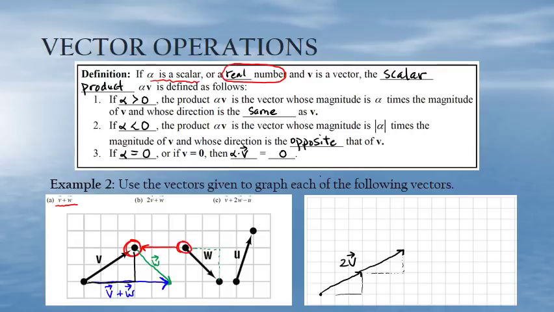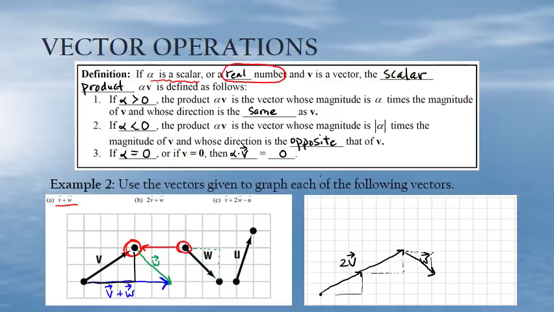Now, from the terminal point of this new vector, I'm going to connect the initial point of vector w. And if you remember what vector w does, it goes 2 to the right, and then it goes 2 down. So I'm going to connect, and that is vector w. That didn't change.